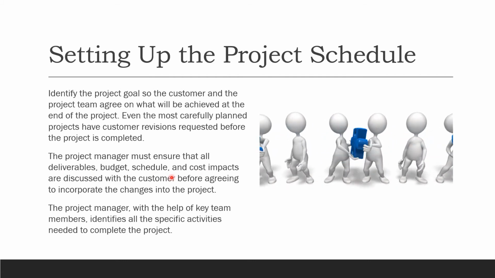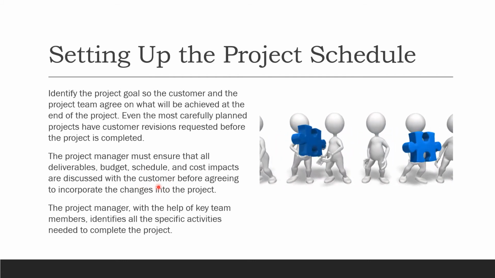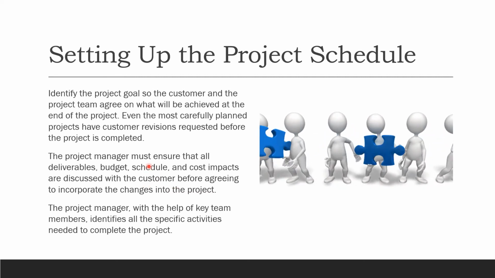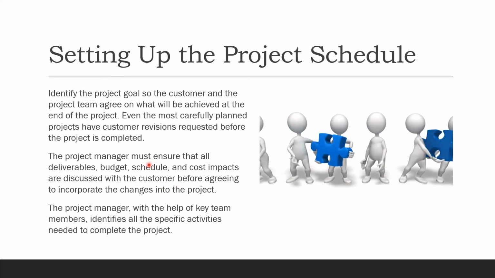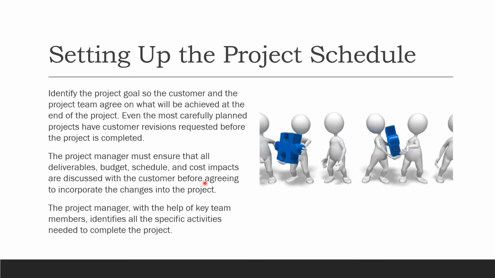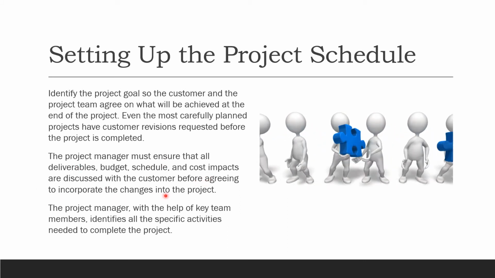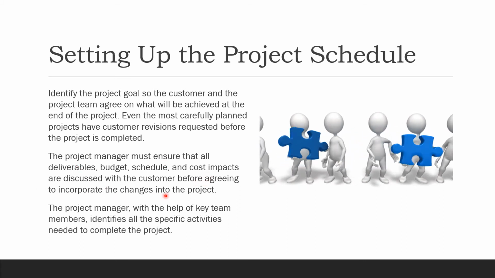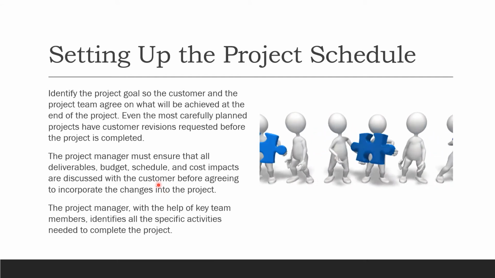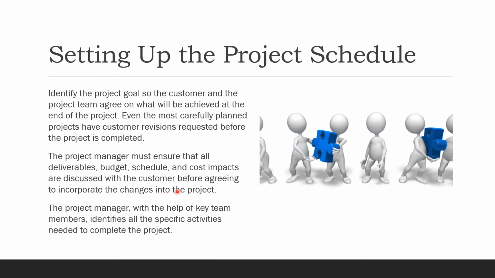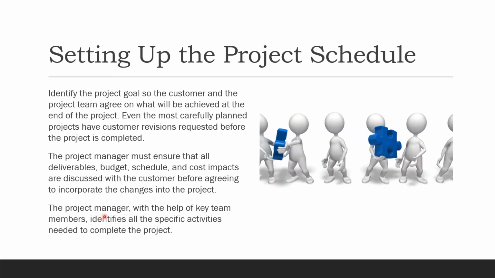It's got to be transparent. They've got to know everything you're doing so that they can understand what you're doing, so they won't come after you. So before agreeing to incorporate the changes into the project, they have to know everything before you make any kind of change to the project.